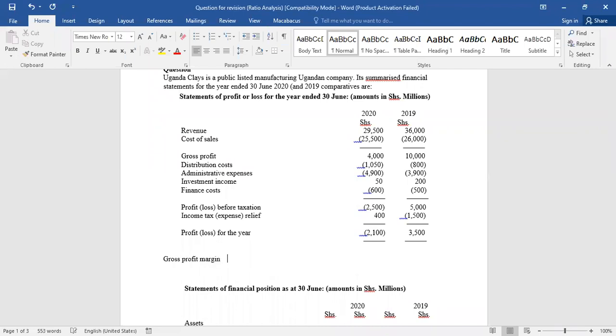So you have the gross profit, which is 4,000 million, and we divide it by the revenue, which is 29,500, then times 100%.